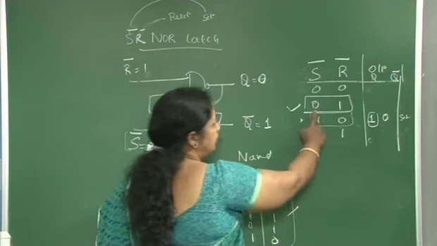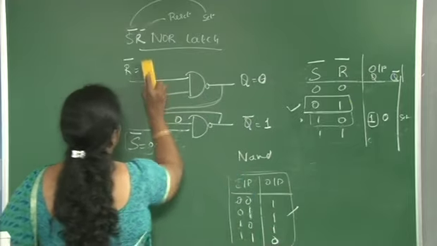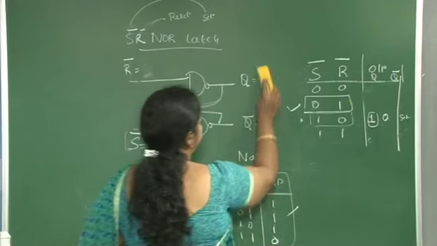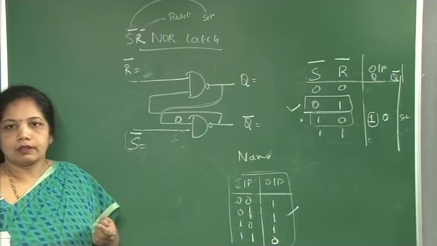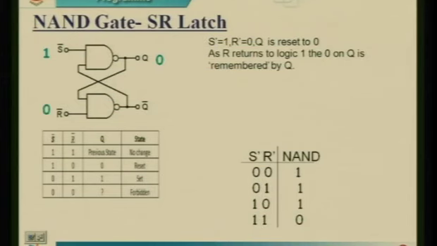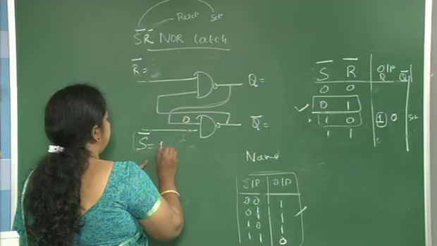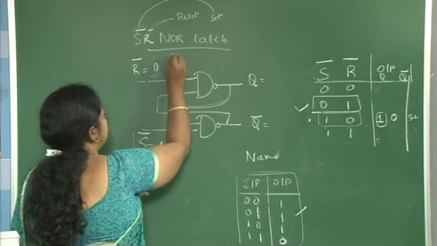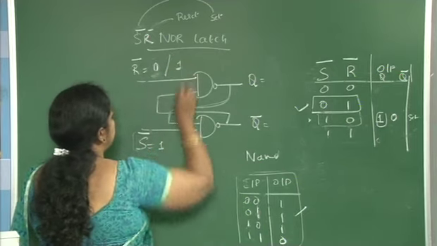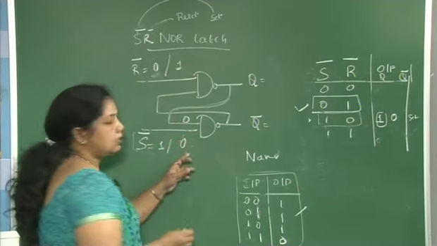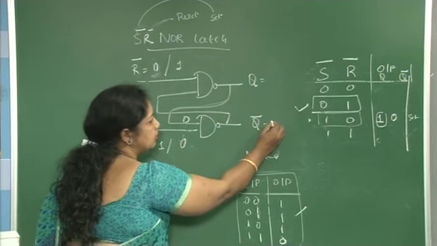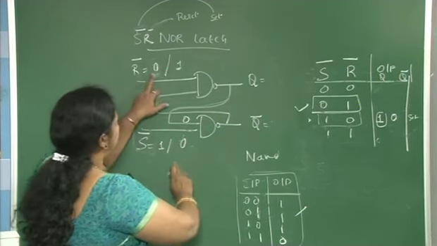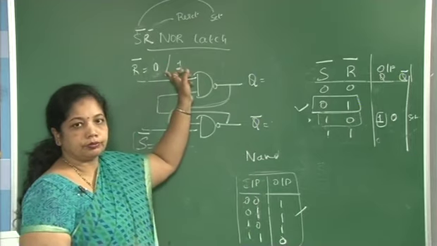Similarly here, logic 1 is applied here, logic 0 is applied here. The complement is this will be 1 and this will be 0. So any one of the inputs is 0, my output is 1. Here it is reverse.